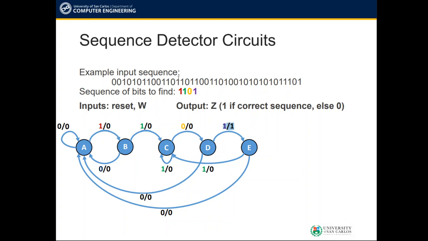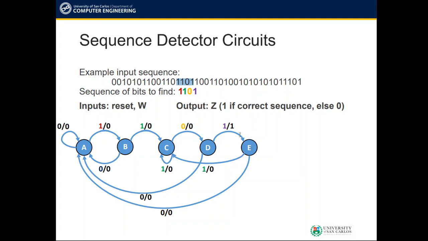So that's why the sequence around here is 1101, and then you can use this one to get another sequence 1101.